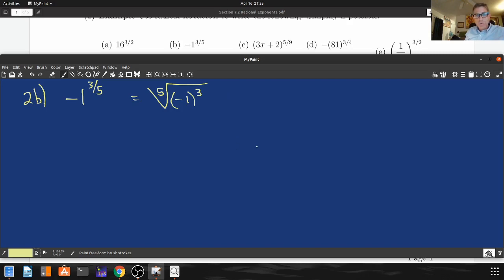Well, -1 times -1 times -1 is -1 raised to the 3rd. So this is the 5th root of just -1. But -1 times -1 times -1 times -1 times -1, what I just did there was I multiplied -1 by itself 5 times, and I got -1. So the answer turns out to be -1.